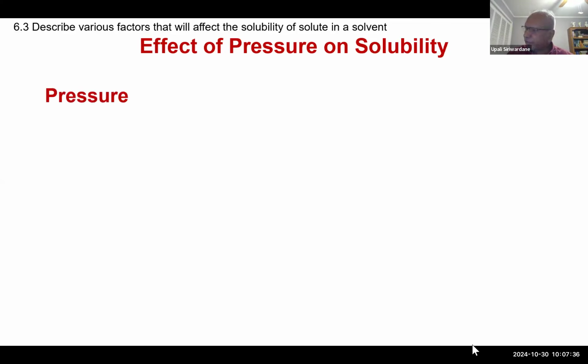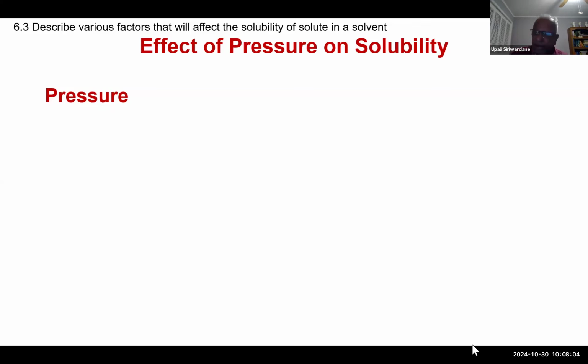Pressure doesn't affect the solubility of liquid and solid solutes in a solvent, because liquids and solids are not compressible.